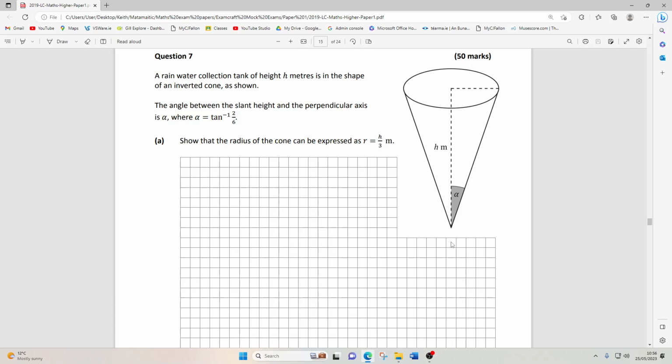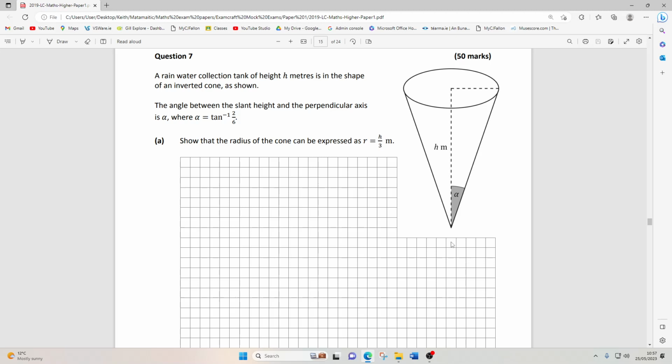So tan alpha equals opposite over adjacent, so R over H. Tan alpha is given as 1 over 3. So R over H equals 1 over 3. Rearranging, R is equal to H over 3.